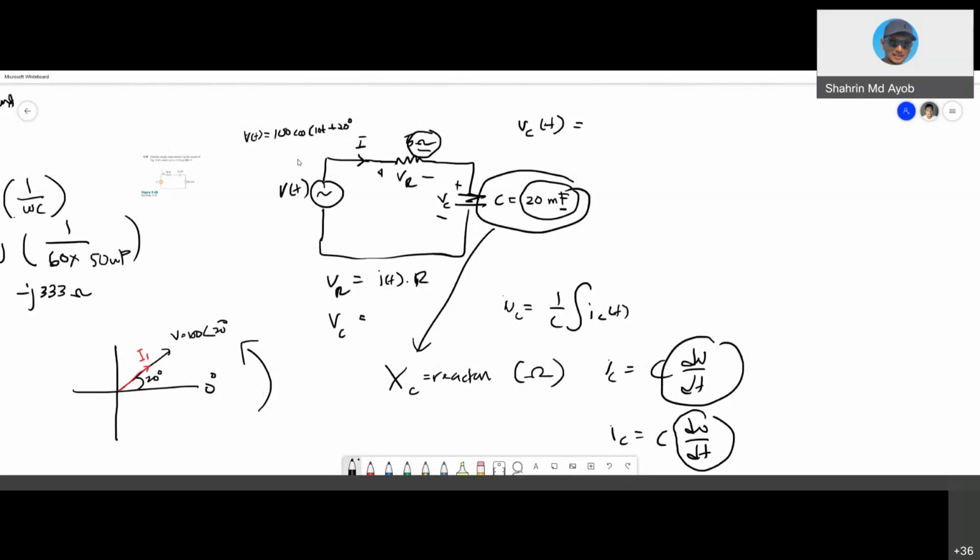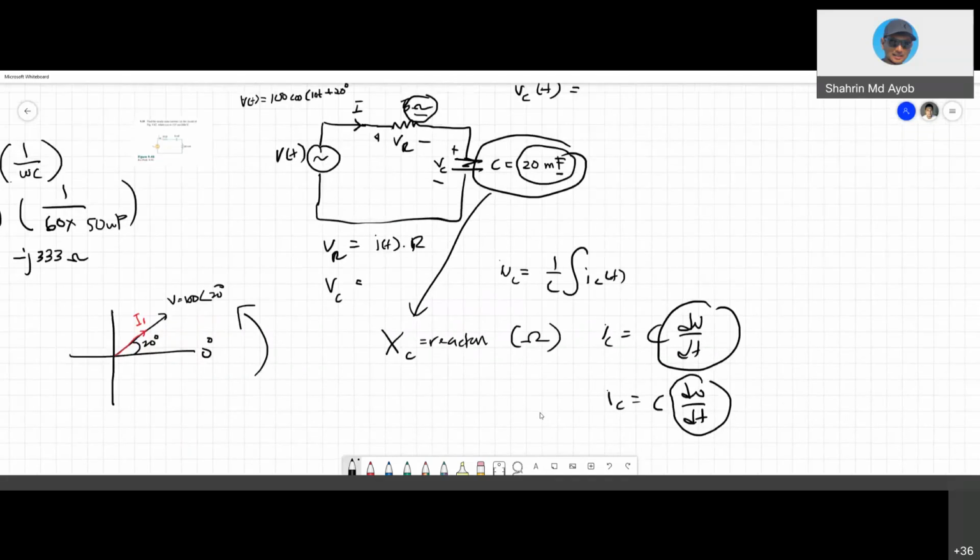This one is farad, this one is ohm. It's like adding x plus y, which we can't do. So you see the complexity if you are using the time domain.